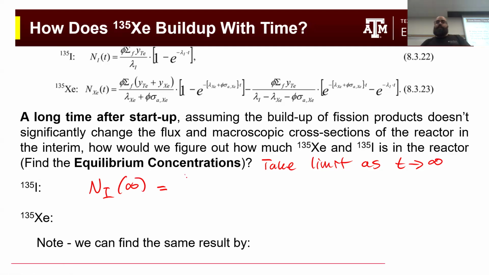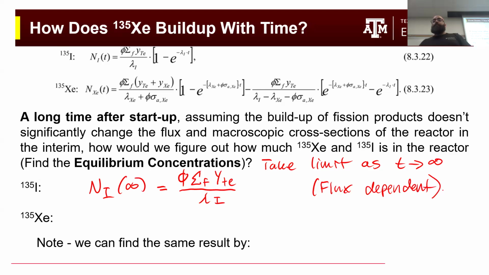It's going to look like the flux times the fission cross-section times the yield for tellurium divided by the decay constant for iodine. That would be the equilibrium amount of iodine that I get in my reactor. And notice that the amount of iodine depends on the flux; this is a flux-dependent quantity. If I operate my reactor at higher flux, I'm going to end up building up more iodine because the iodine comes directly out of fission.